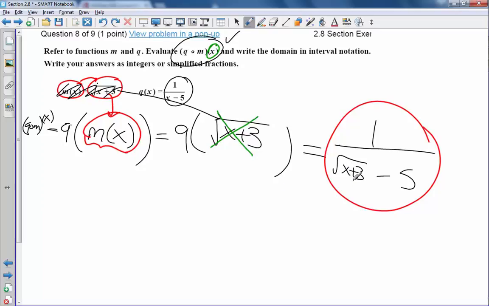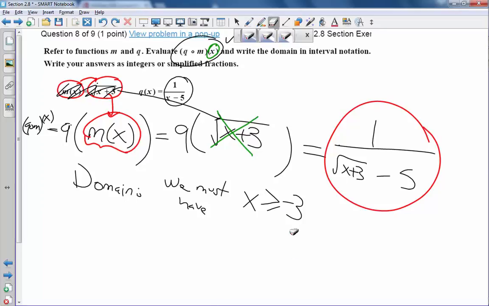So we must have x values greater than or equal to minus 3. I just set this into more than 0. Actually, how did I get this? You don't have to guess.